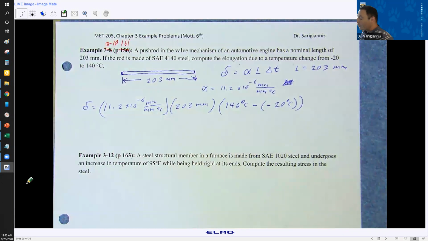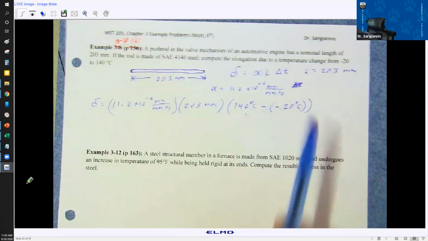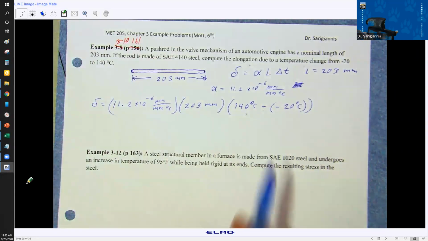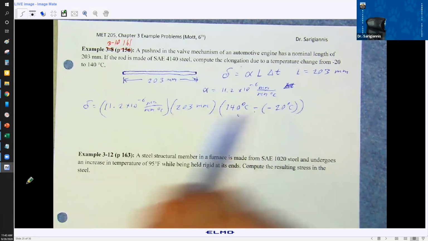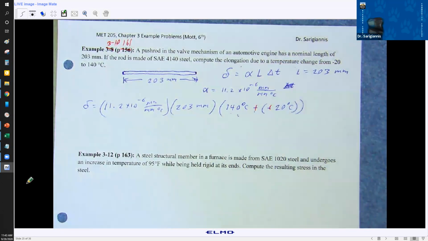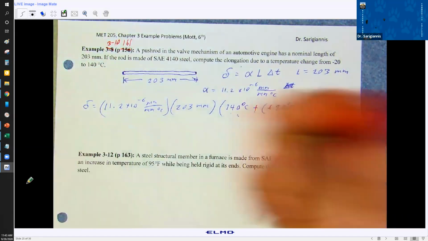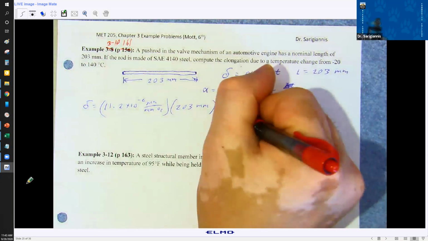Don't just take 140 minus 20, you'll get 120. You're actually taking 140 minus a negative 20. It passes through the 0 point. So we're basically adding 20 degrees to this. A minus and a minus is a plus. So this is 160 degrees.